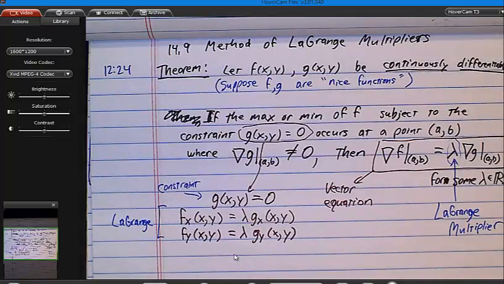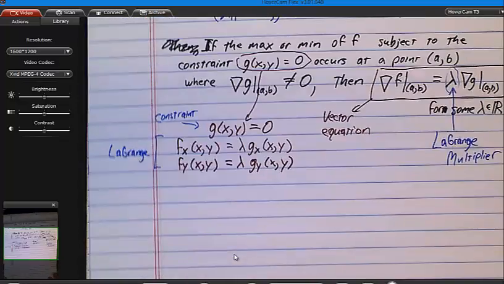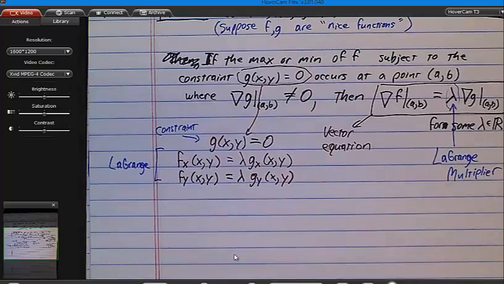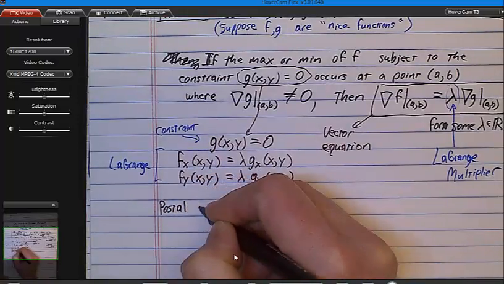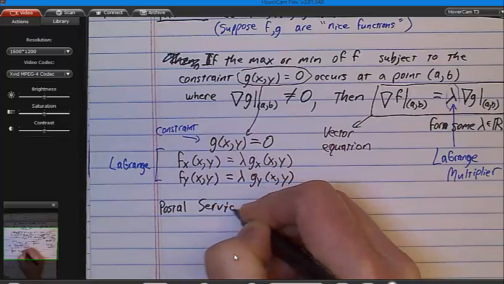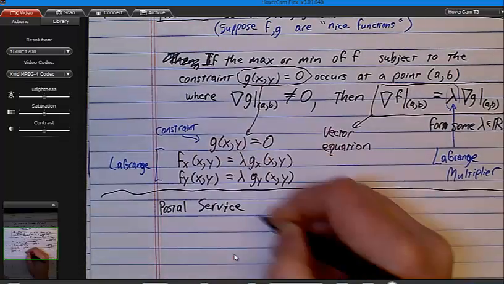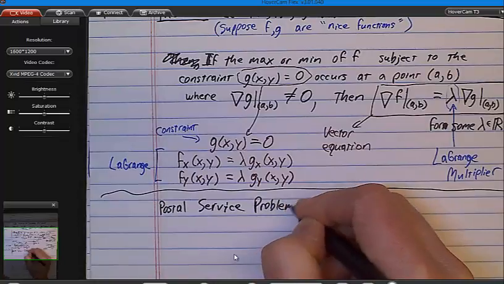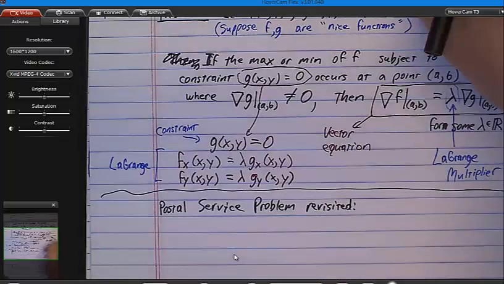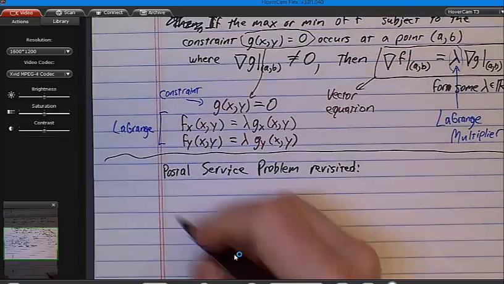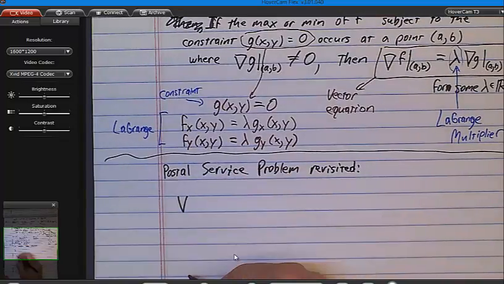And so let's go back to the Postal Service problem. In the Postal Service problem, we had volume, right? Here comes the Postal Service problem redone. Revisit it. So I know that my function was volume, right?